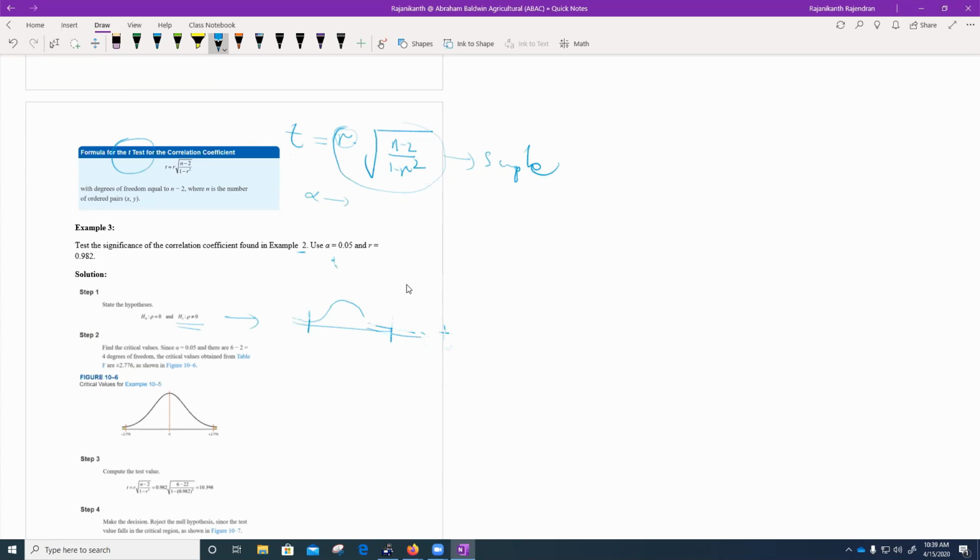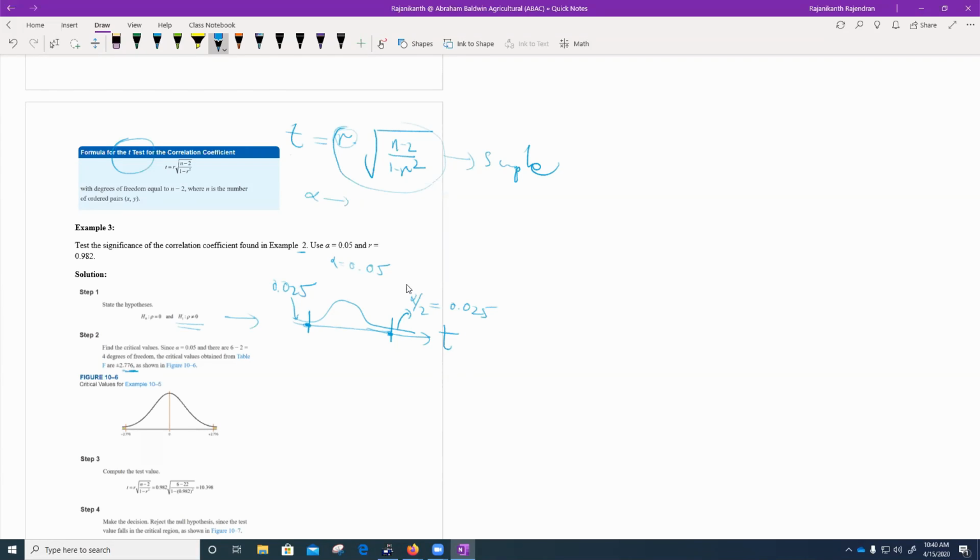My alpha is 0.05, so alpha over 2 is 0.025 on each side. Now use your t distribution table and plug in the right area to find these two critical values.